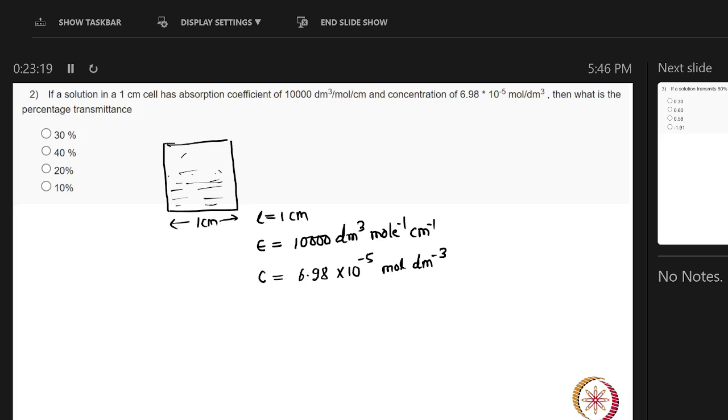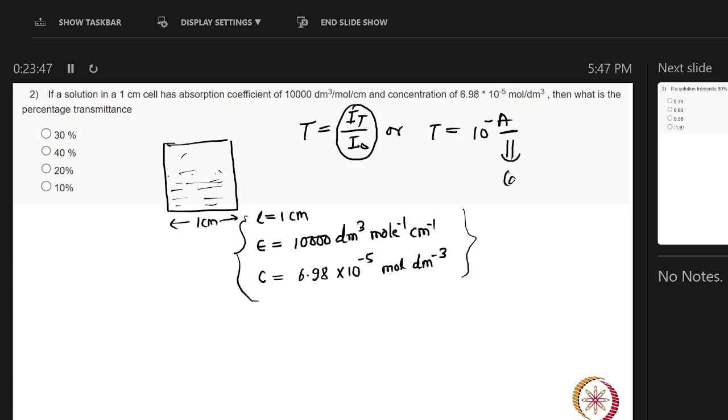So from this value we cannot calculate transmittance directly, because transmittance is defined as I T by I0, or transmittance is 10 to the power minus A. So this information we don't have, correct? But from this information we can calculate absorbance. How can we do that? Using the Beer-Lambert law.